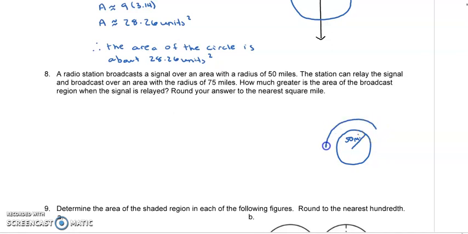So with a relay, we can go even bigger, and this can be with a radius of 75 miles. How much greater is the area of the broadcast region when the signal is relayed? Round your answer to the nearest square mile. So we're looking for the nearest whole number.